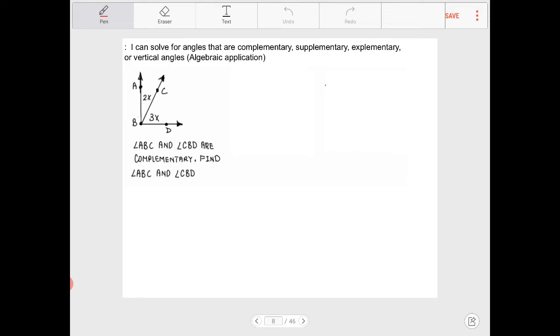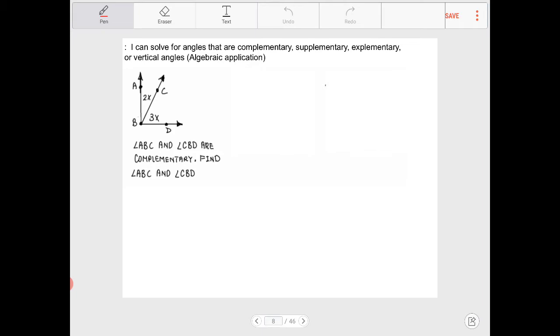It is also important that you be able to apply those concepts in a problem where you're asked to solve for certain things. So in this case, you're given that angle ABC and angle CBD are complementary, and you're asked to find out what the two angles are.